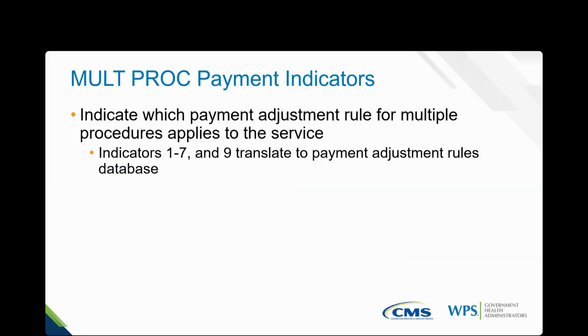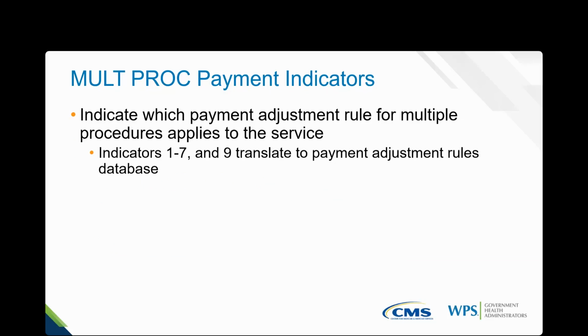The column header that relates to pricing for multiple procedures is labeled as you see it on this slide. It's MULT PROC, and that stands for multiple procedure. That is the column heading title for column S on the physician fee schedule relative value file.